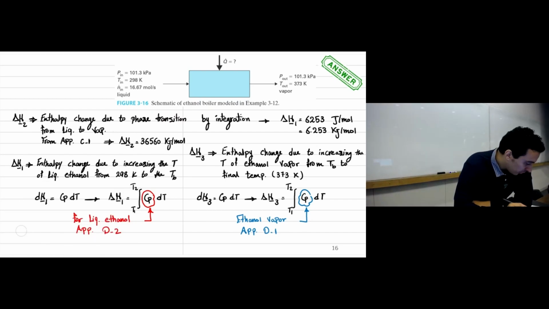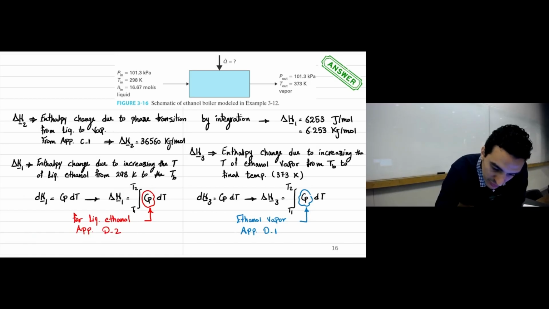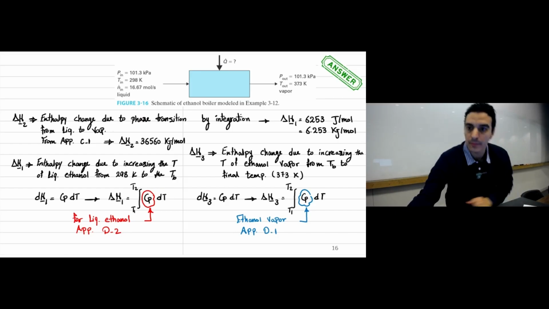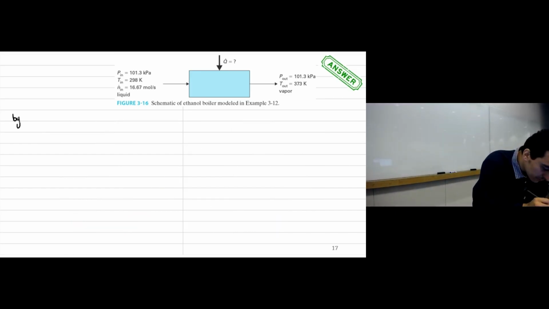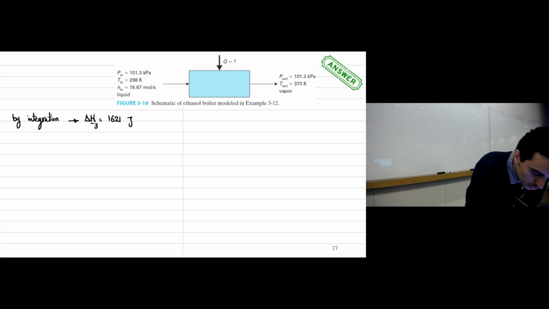And then by integration, you can see delta H3 will be 1621 joule per mole.